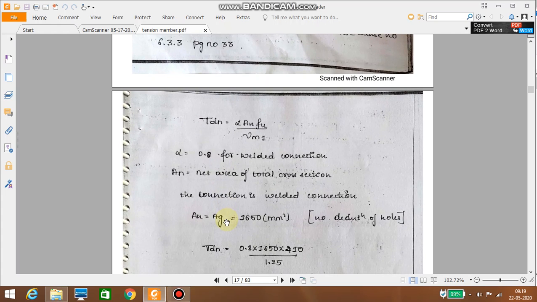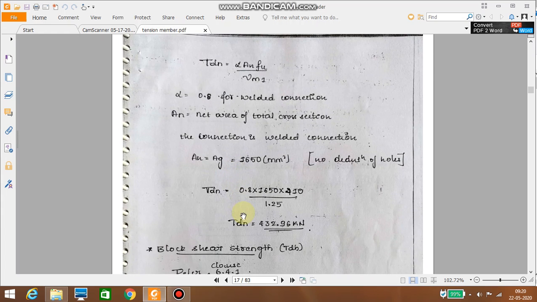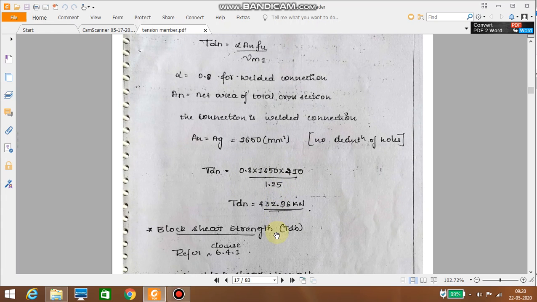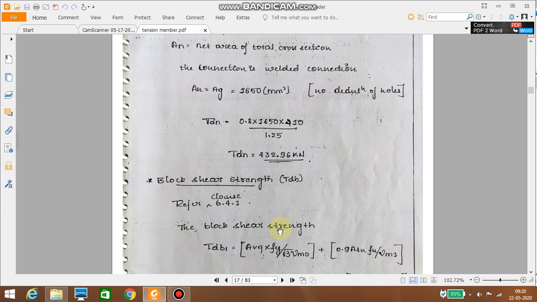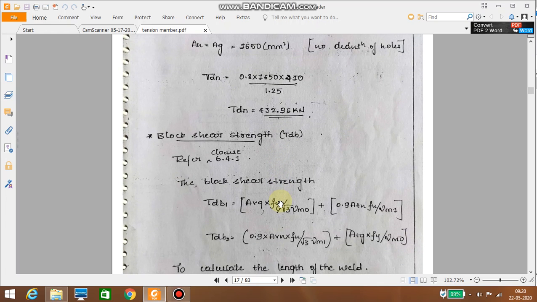This is a welded connection, not a bolted connection, so it doesn't involve any holes. So nothing to deduct. AN will be equal to AG, which is equal to 1650 millimeter square. So TDN equal to alpha into AN into FU divided by 1.25. Answer is 432.96 kilonewton.